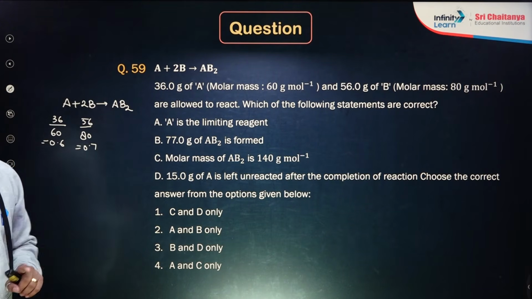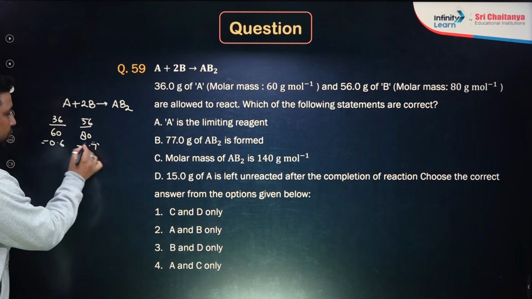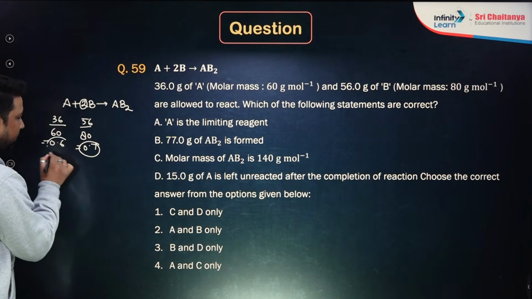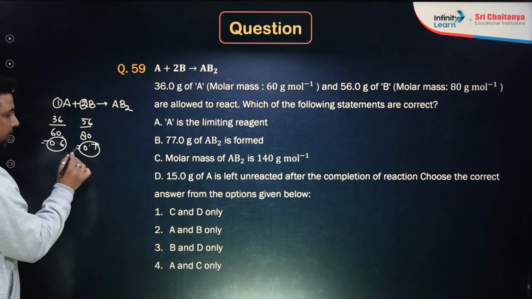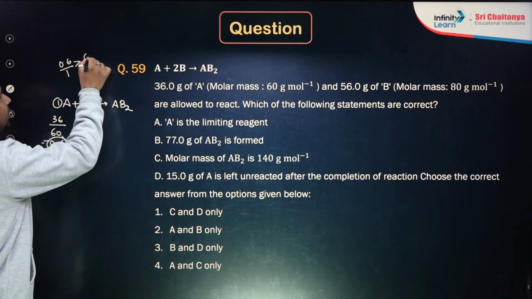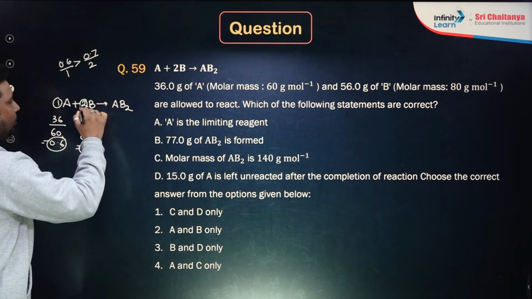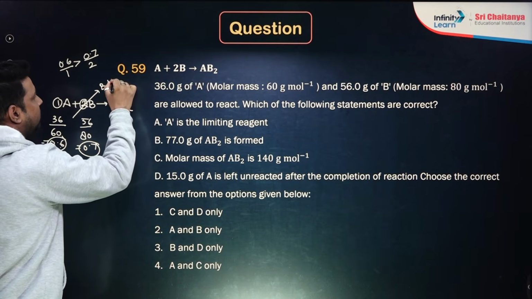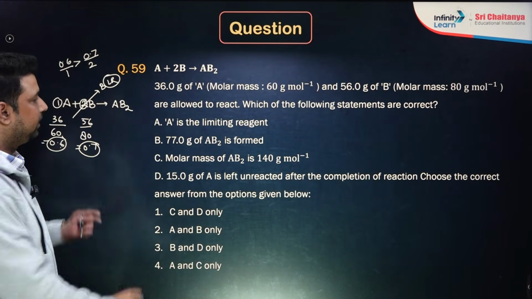First of all, I have to calculate the limiting reagent. So given moles divided by stoichiometric coefficient: 0.6 divided by 1 is greater than 0.7 divided by 2. So B is your limiting reagent. So option A is incorrect.